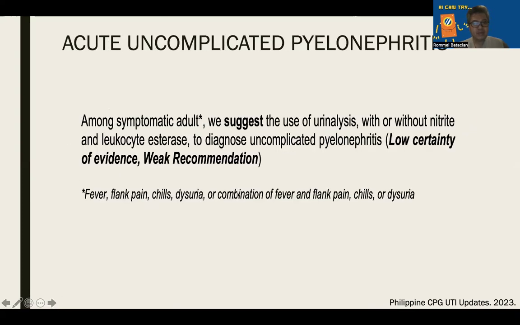However, if the patient has flank pain, chills or dysuria, and fever, the patient might have acute uncomplicated pyelonephritis. For this one, you have to request a urinalysis, and probably eventually you also need culture studies.